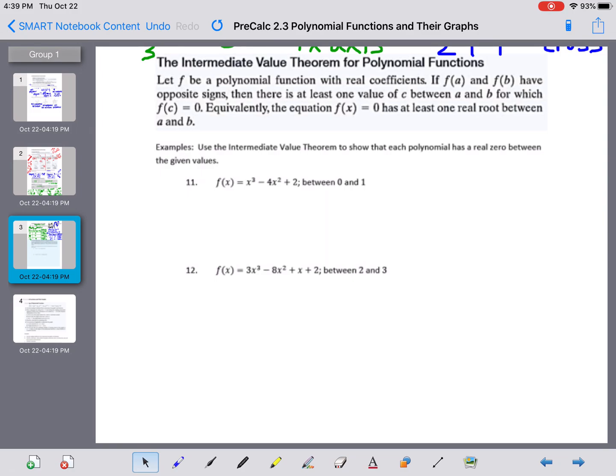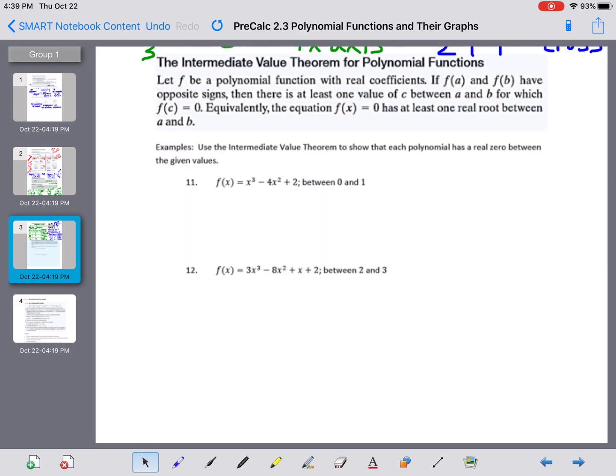The intermediate value theorem says that if you run two values through your function, and one gives you a positive answer and one gives you a negative answer, somewhere between those two numbers, you had to cross the x-axis. If you get one y that's positive and one y that's negative, somewhere between there, you had to cross over. And when you cross over that x-axis, that is a root, or a 0, or an answer, okay? So that's what this is doing.